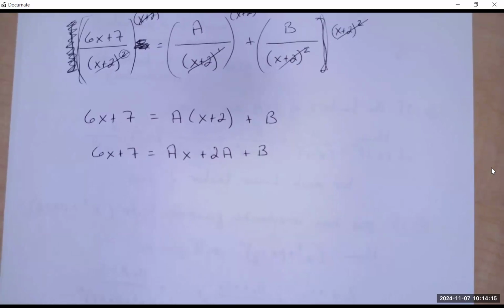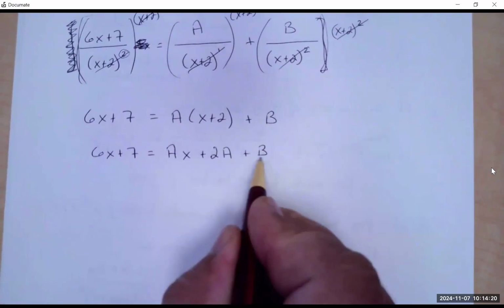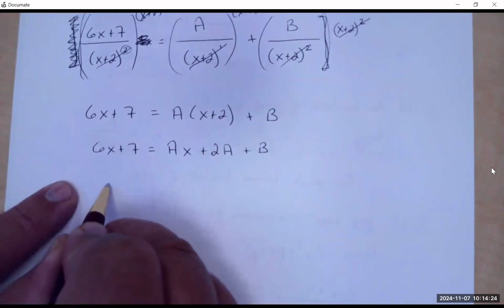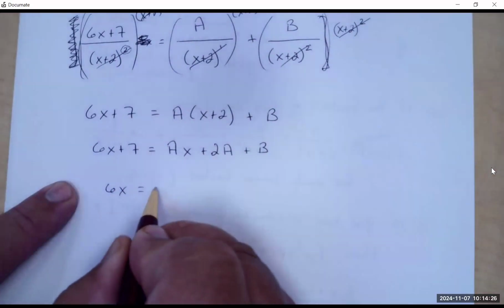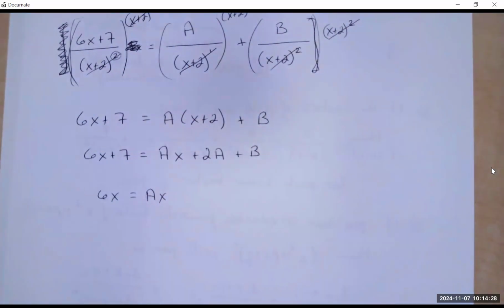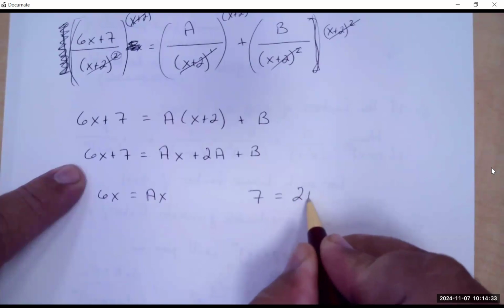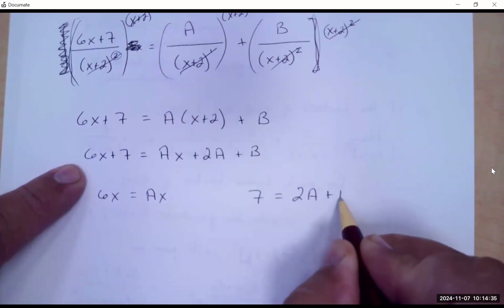What do we know so far? We have to match this side with this. So the x's, we have 6x is equal to ax. 7 is equal to the constants, 2a plus b.